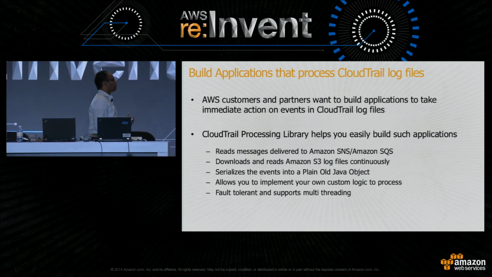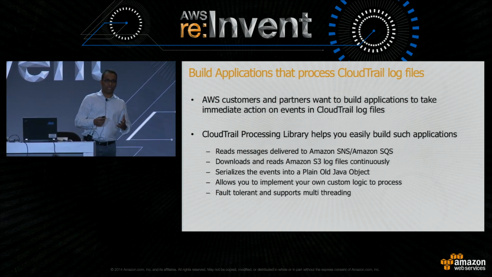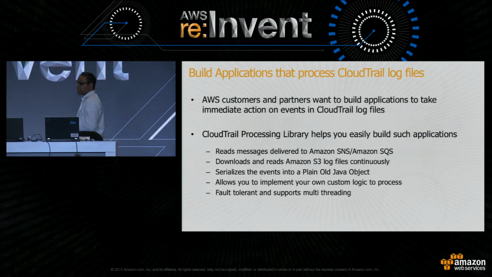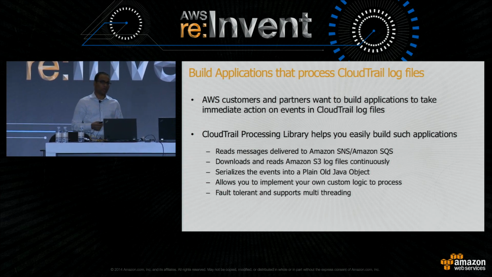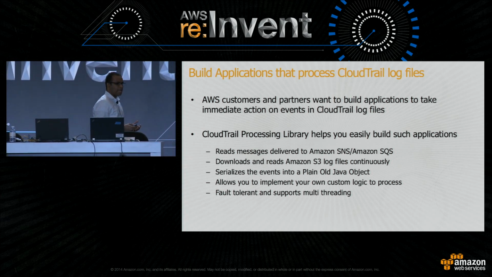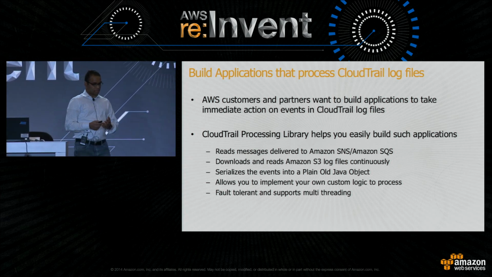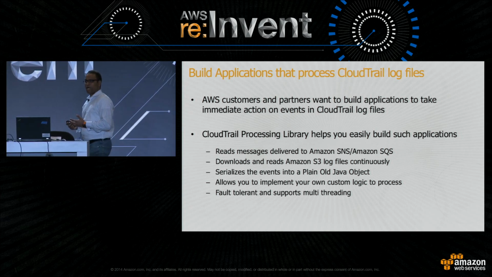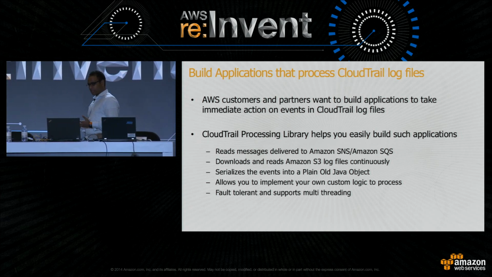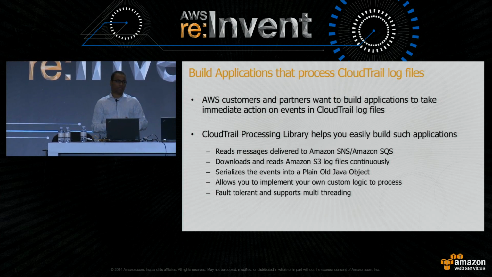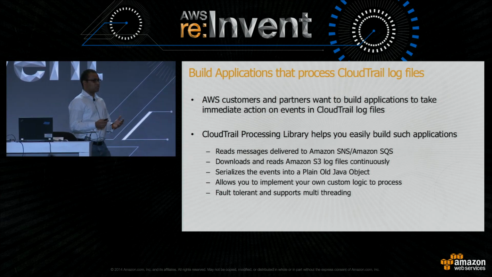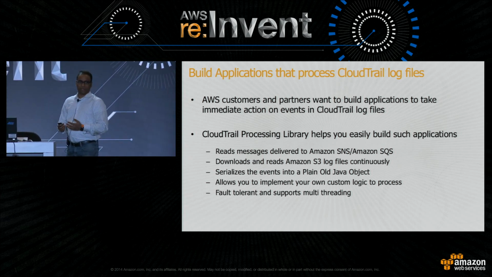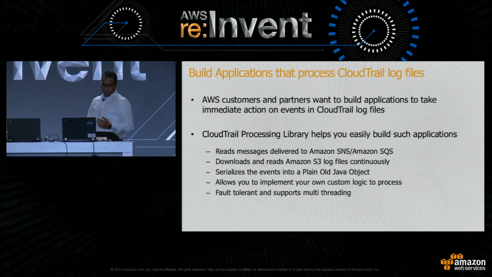Because the library already does all of this, you can write your own business logic. It is fully fault tolerant, handles network timeouts, and offers multi-threading support, so you can spawn multiple threads or multiple instances of the library, and if you're aggregating log files for a large set of accounts, you can do all of that processing without any limitations.